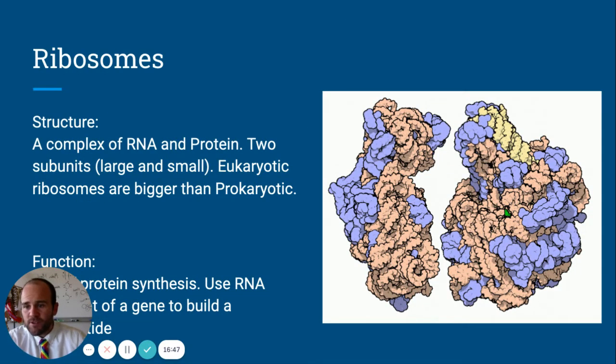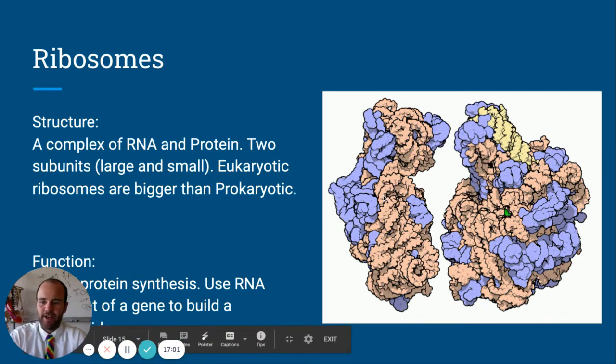Now, ribosomes are a complex of both RNA and protein, so it's part nucleic acid, part protein. And there's two subunits, as you can see, a large subunit and a small subunit. And those are going to come together like a hamburger bun on top of that mRNA that it reads to make proteins.